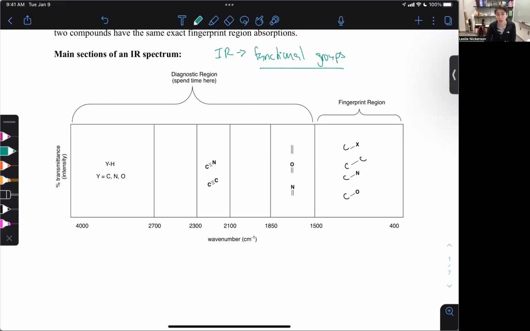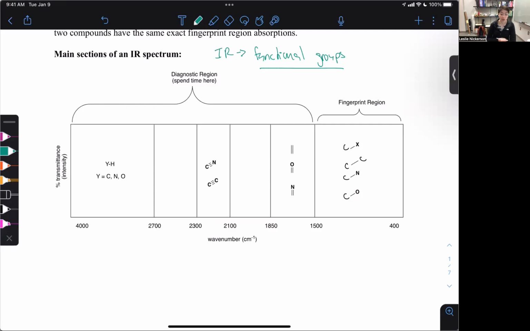That's when you really need other types of analysis, such as a nuclear magnetic resonance spectrum. That's going to tell you a lot more about the structural information of a compound, and you guys are going to be getting to NMR soon in the lab. Those are the kinds of things we look for to actually build the structure. This is just going to give us the functional group information and nothing else.